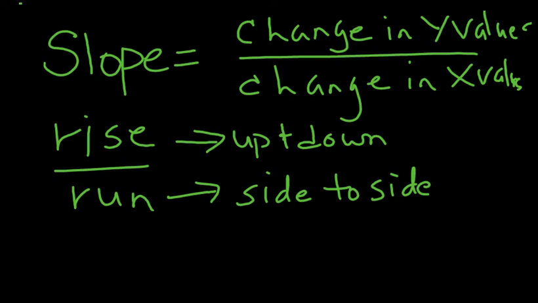You always want slope in fraction form. It's okay to have a whole number because you know you can put it over 1. So slope is how much up or down, the rise or fall of something, over the side to side, the run. The change in y values over the change in x values. The rise over run. Let's see what this means.